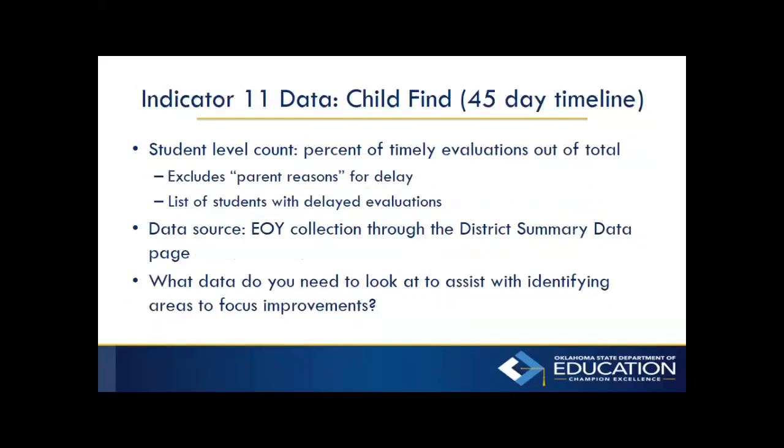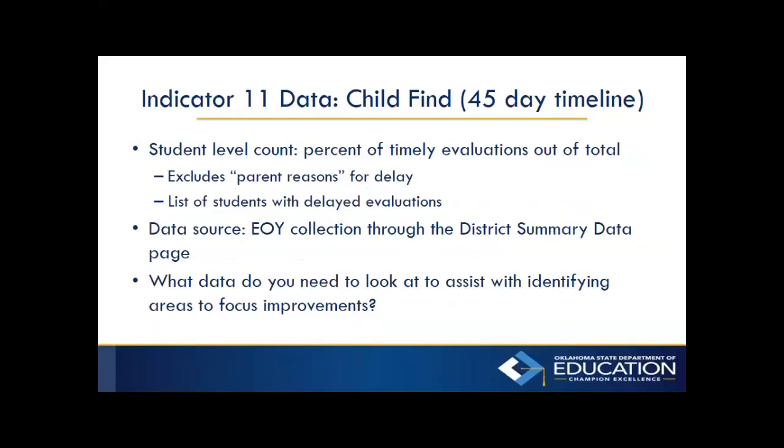Okay, so for indicator 11, child find, again, this is a student level count. We look at the percent of timely evaluations out of your total evaluations. It excludes parent reasons for delay. You were required when you submitted your district summary data at end of year in June to provide a list of students with delayed evaluations that fell into the reasons that were not considered parent reasons for delay.